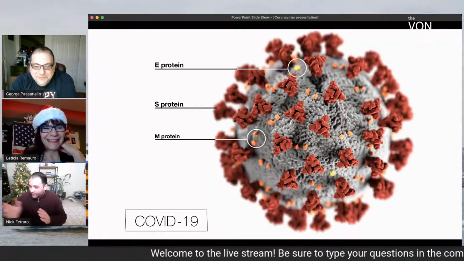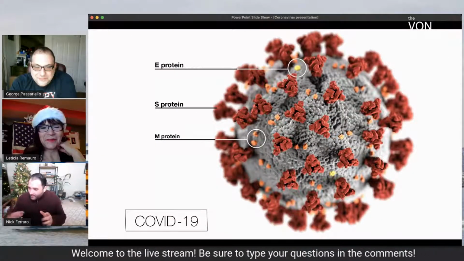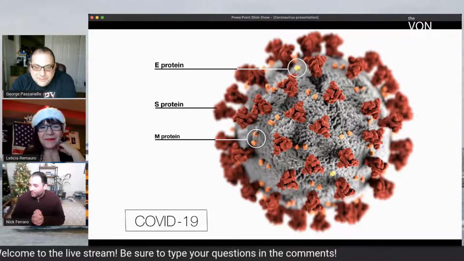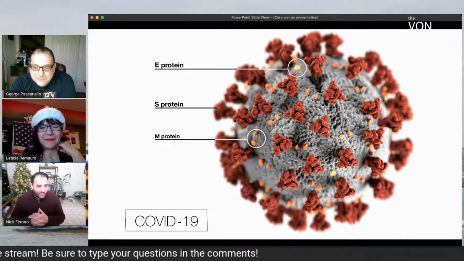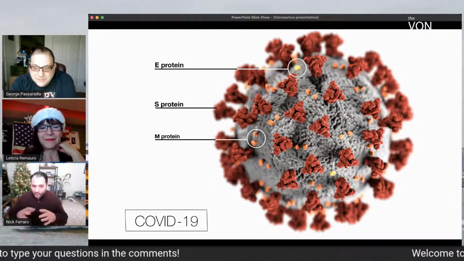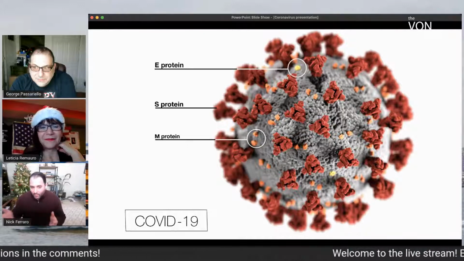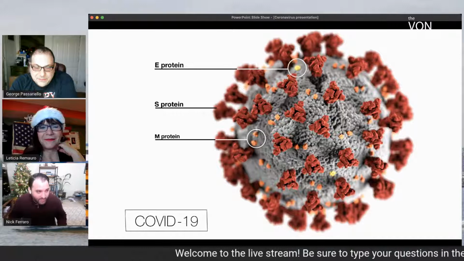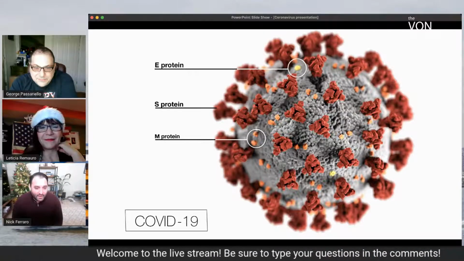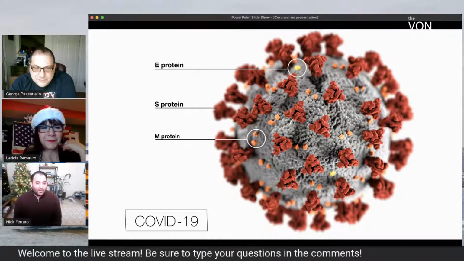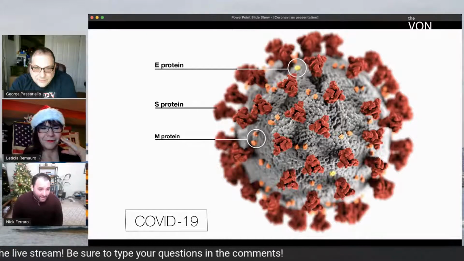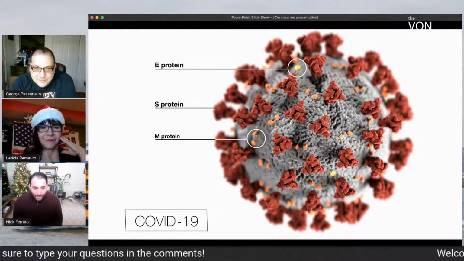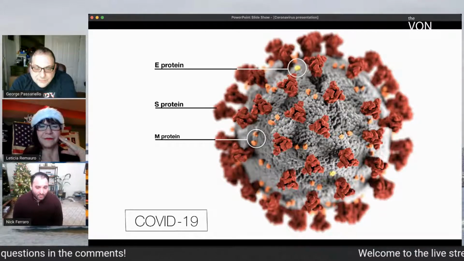So now here's a little bit of anatomy of the virus. You have certain viral proteins on the lipid coat. The S protein, or the spike protein, which you see in red, being the most important because that is the receptor binding epitope to the ACE2 receptor on our cells.